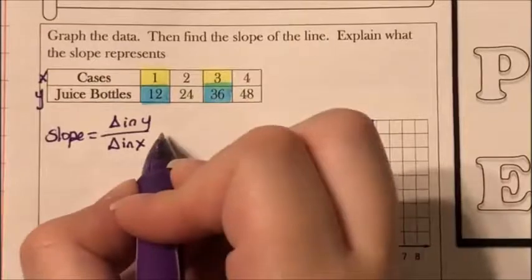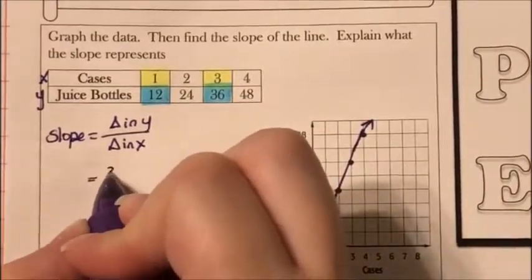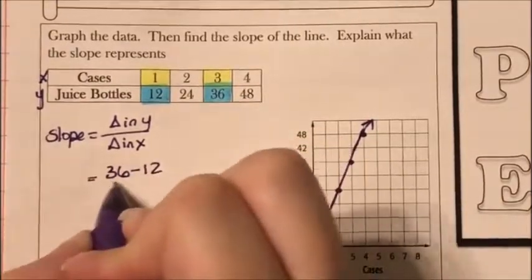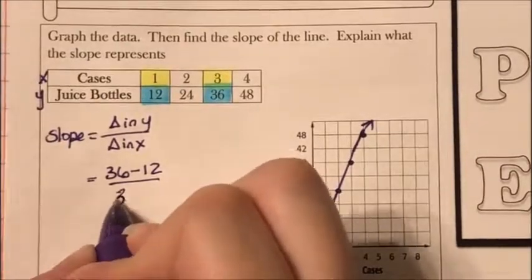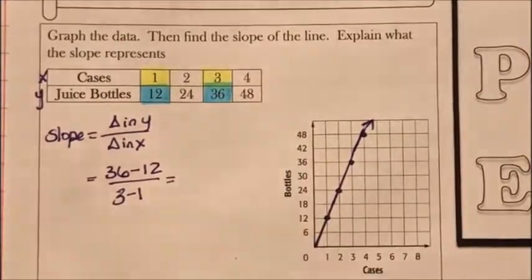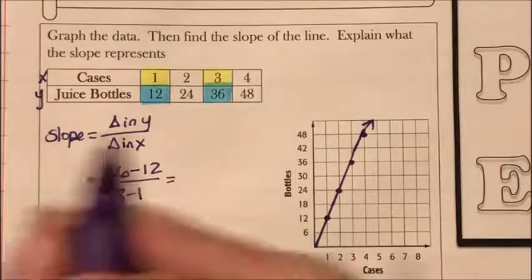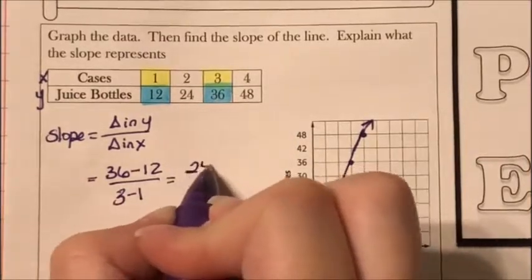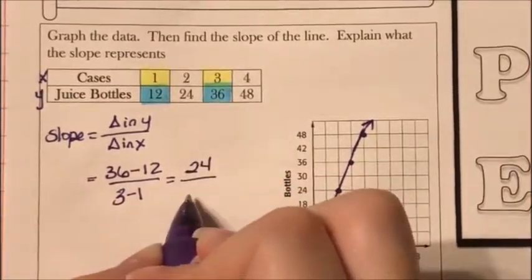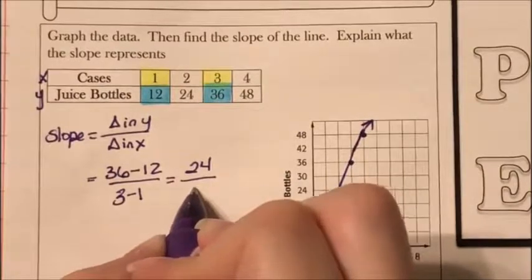So my y value is 36 minus 12 over 3 minus 1. 36 minus 12 gives me 24. 3 minus 1 gives me 2.